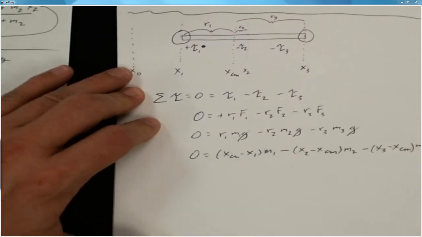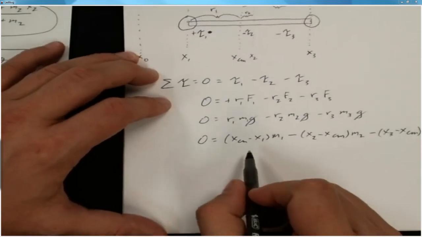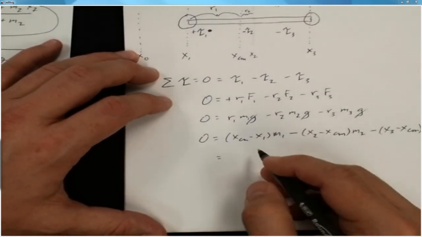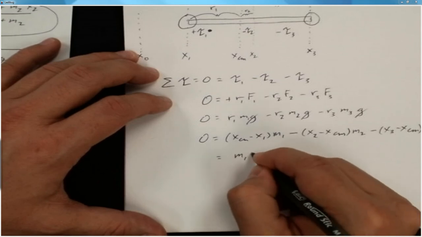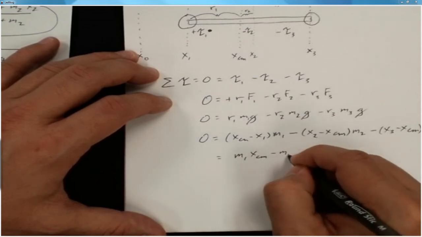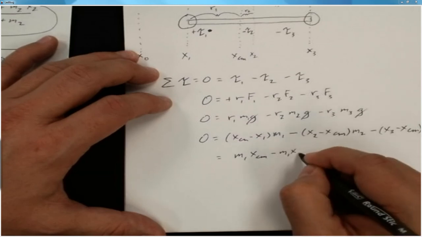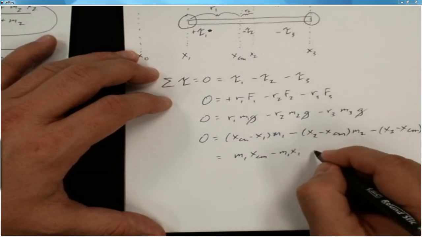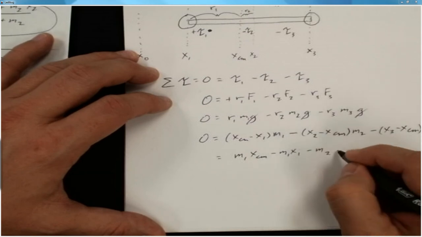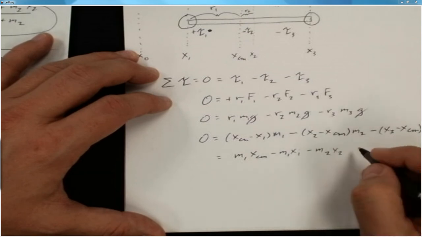Holy moly. Okay, let's do what we can here. Let's distribute the m's inside. m1 x sub Cm minus m1 x sub 1 minus m2 x2.